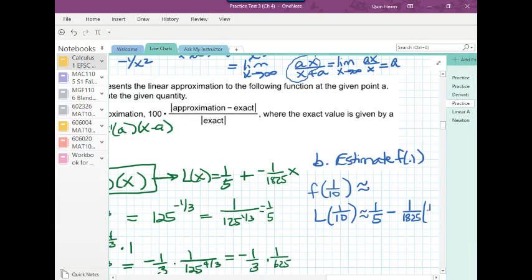Okay, so now we have our linear approximation, which I think was part A, is that right? A, write the equation of the line. Yeah, that's part A right there. Okay, now part B, we're going to estimate f of 0.1.